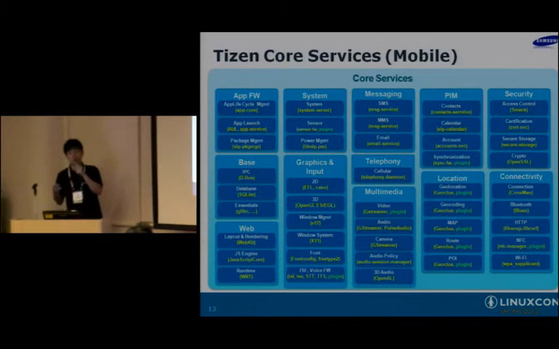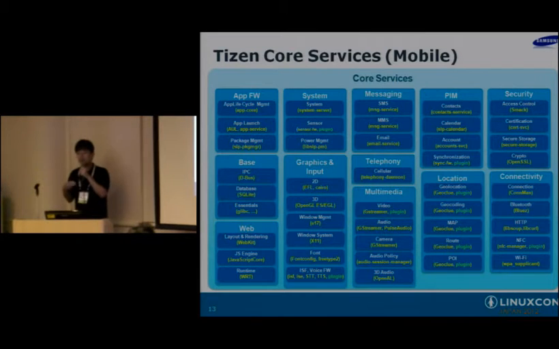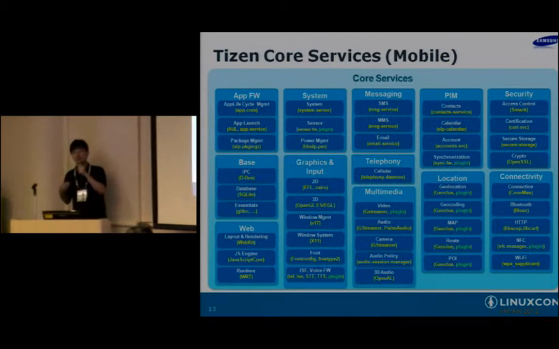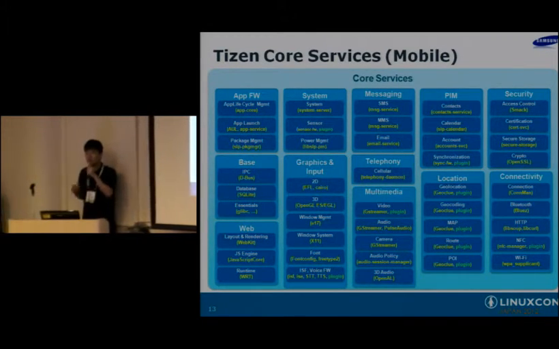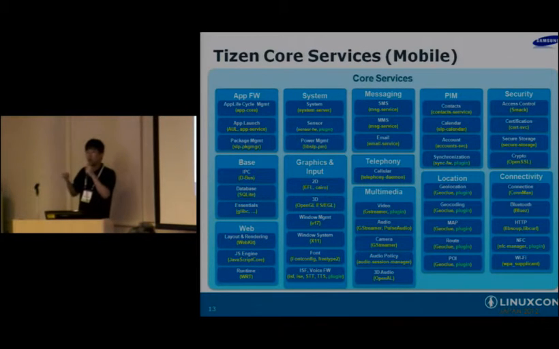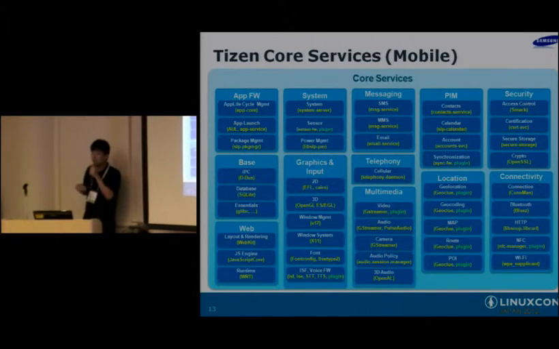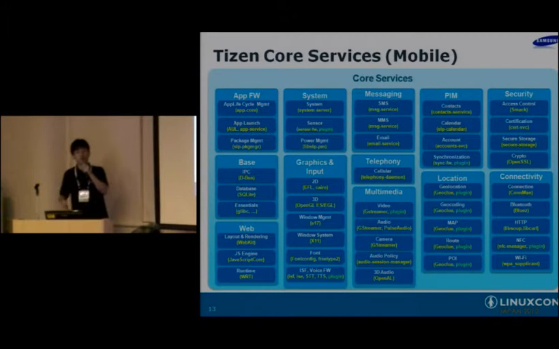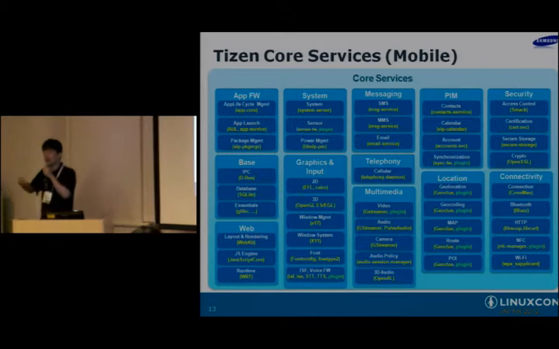The yellow text is the name of a package or name of a Git repository, and some of the blue text is what supports plugin architecture. So the application framework also supports application launching, and there should be installation of packages.